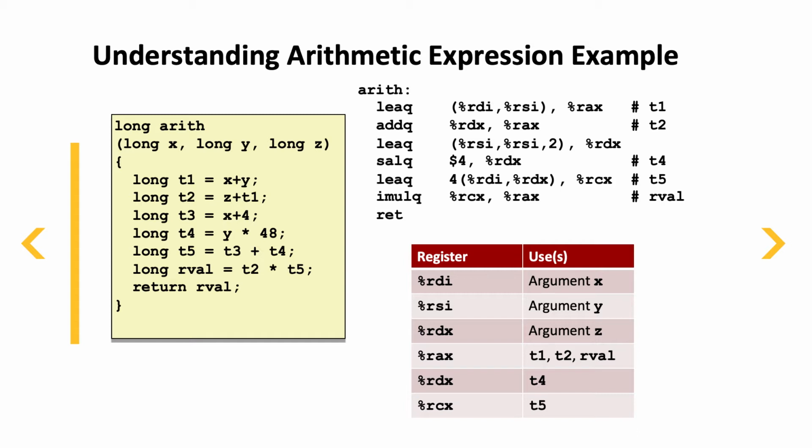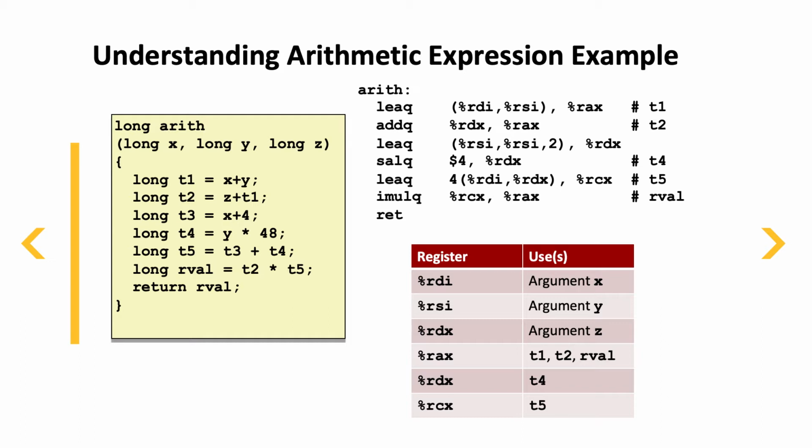Now, first thing we want to keep in mind are what registers are used for what things. Arguments X, Y, and Z go into RDI, RSI, and RDX, and that's expected based on that figure that shows the usage of the registers from previously in the video.